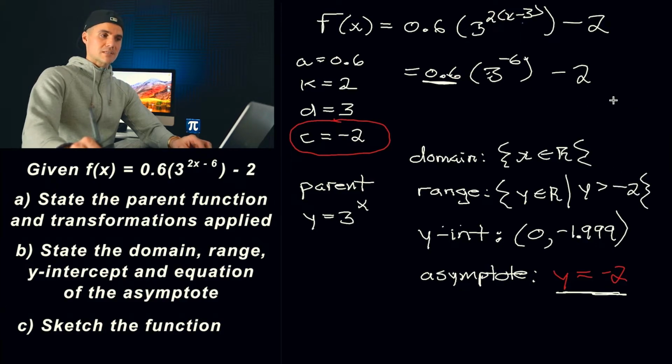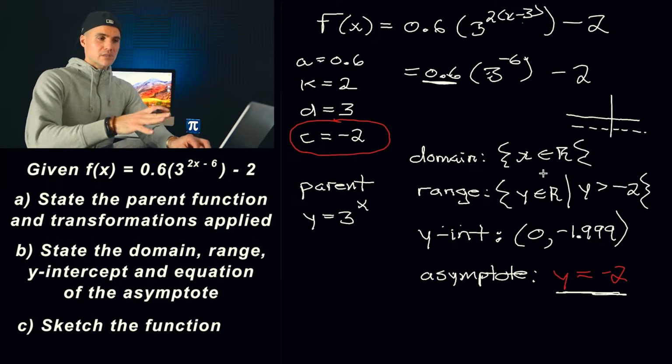Basically, this function is going to have a horizontal asymptote at -2, and it's going to be above that horizontal asymptote. If the a value is negative, it would be below that horizontal asymptote, right? So then it'd be y is less than -2.